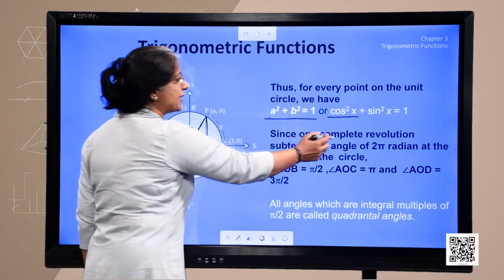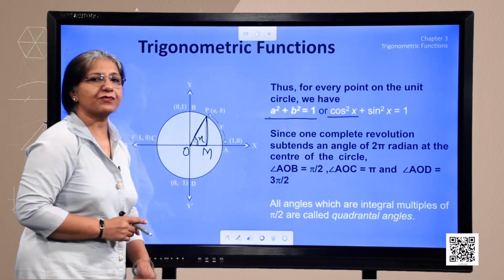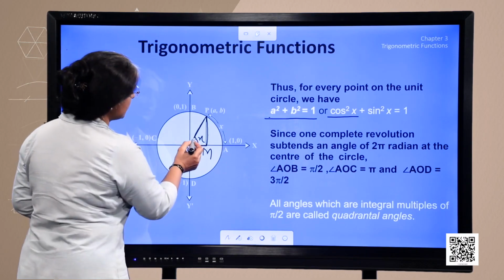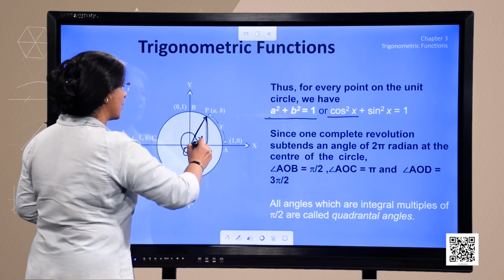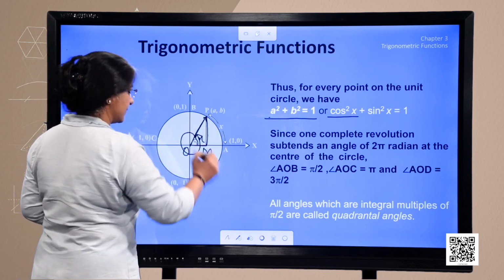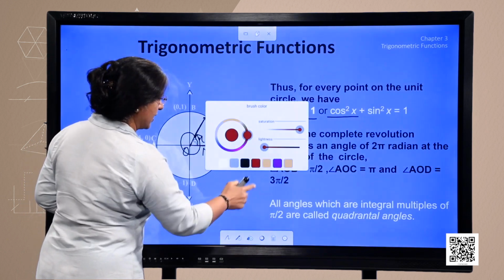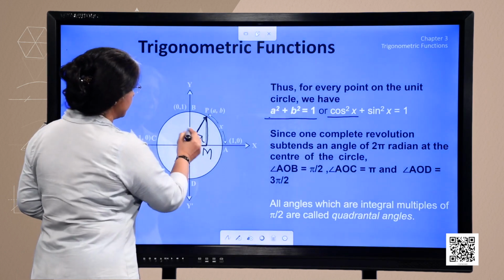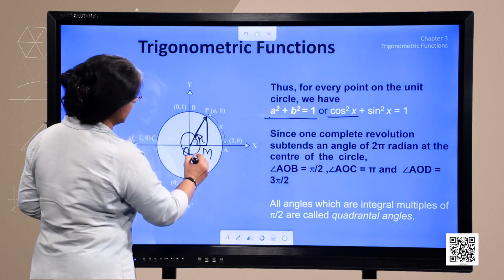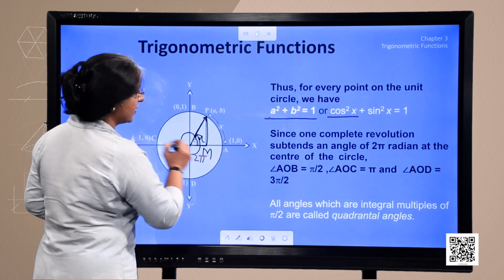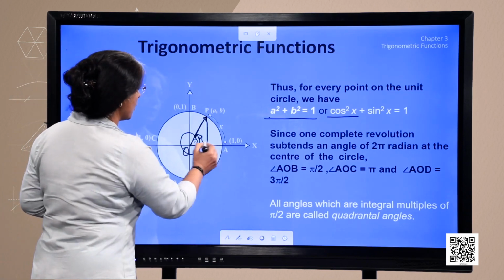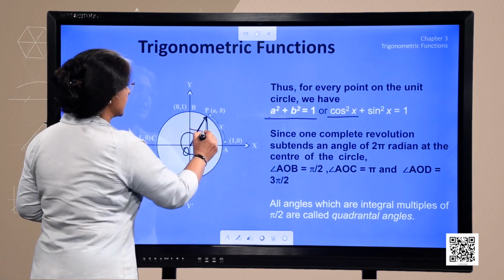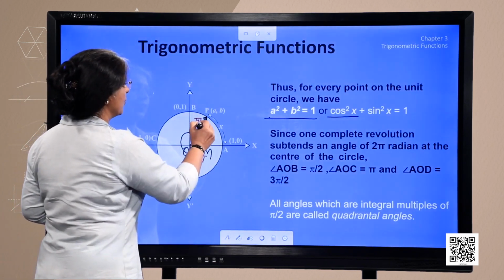Since one complete revolution subtends an angle of 2 pi radian, suppose we are here and we take one complete round, we reach back here, and this complete round makes it 2 pi radians. If we move from A to B, this makes an angle of pi by 2.